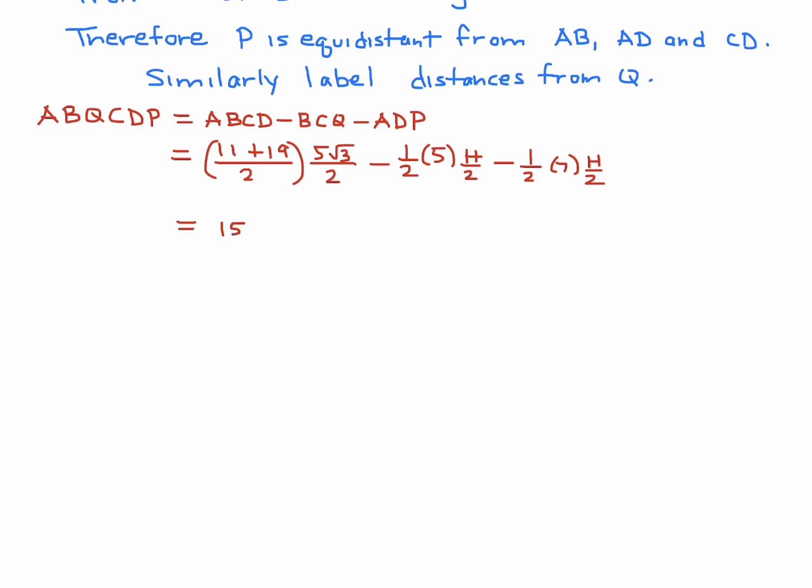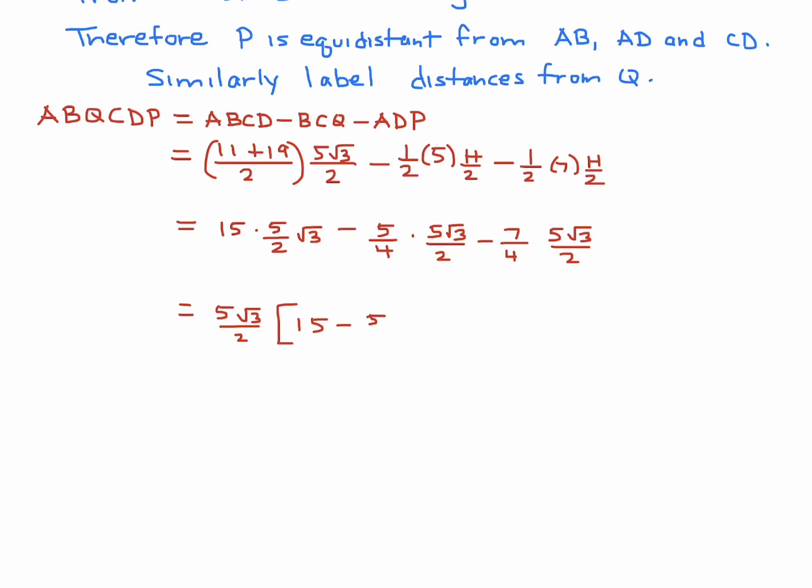So this gives me 15 times 5 over 2 root 3. This gives me 5 over 4, and h was equal to 5 root 3 over 2. This is going to give me 7 over 4, and h, which is 5 root 3 over 2. Okay, looks like there's 5 root 3 over 2 everywhere, so I can factor them out, make the math easy. And this gives me just 5 minus 5 over 4 minus 7 over 4, times 5 root 3 over 2.